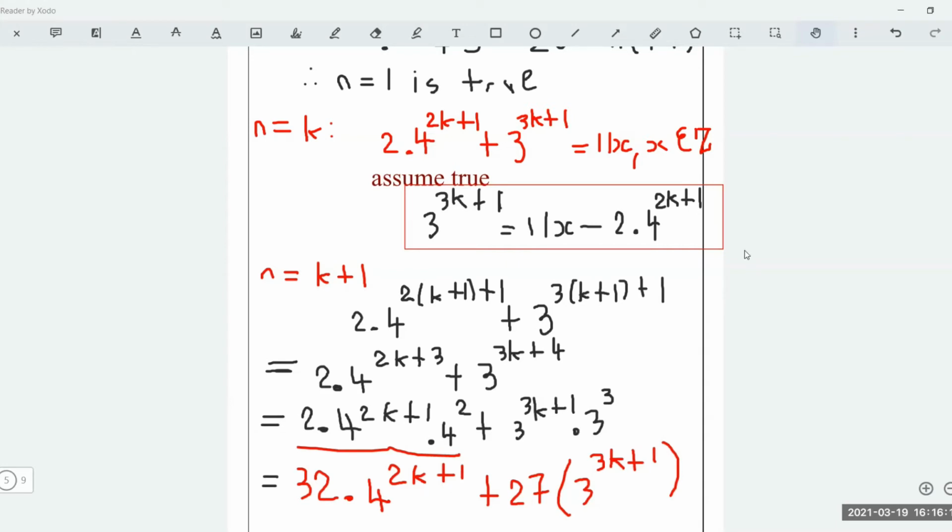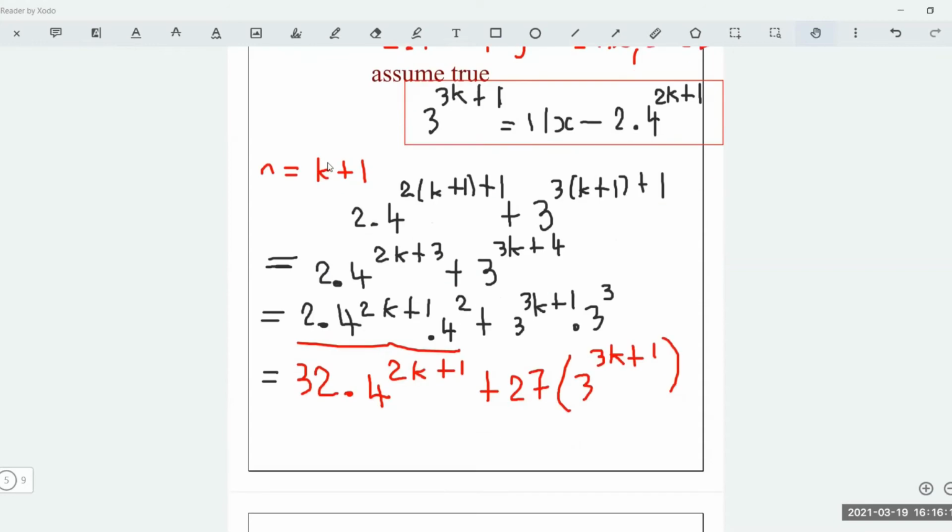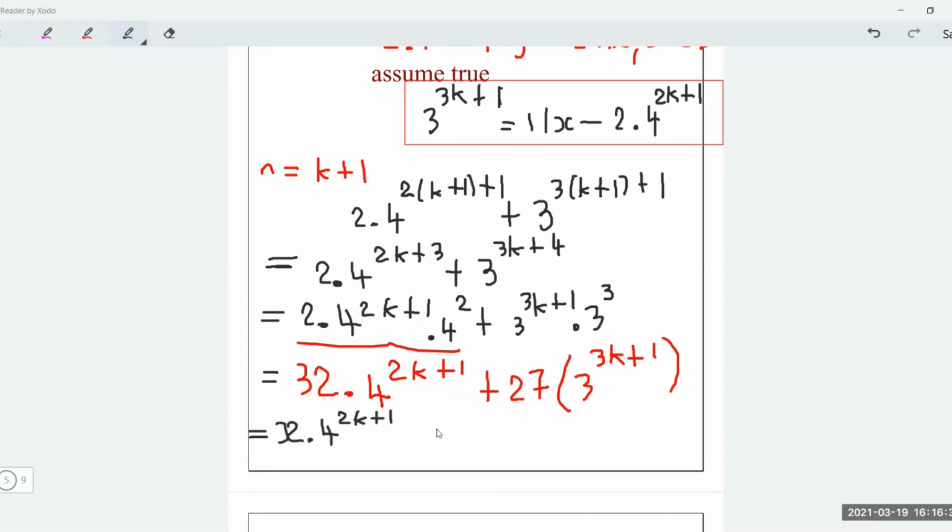Substituting this, we get that this works out now to be 32 times 4 to the 2k plus 1, plus 27 times, in brackets, 11x minus 2 times 4 to the 2k plus 1. That's what we end up getting.